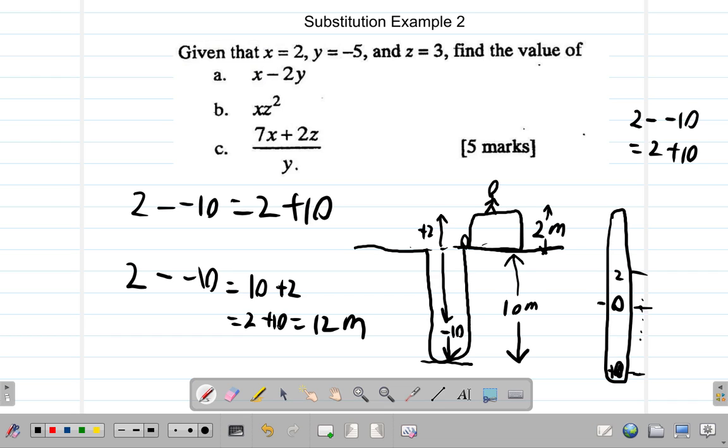That's at 0, and then 2 more, a total of 12 degrees Celsius. So the argument can be applied that way, just like how it applies to climbing up 10 below the ground, which is negative 10, and then 2 above the ground, which is positive 2. You're looking at the difference between the positive 2 and the negative 10. So you climb a total of 12 meters.